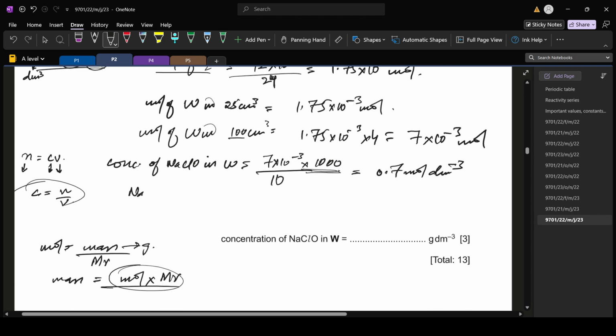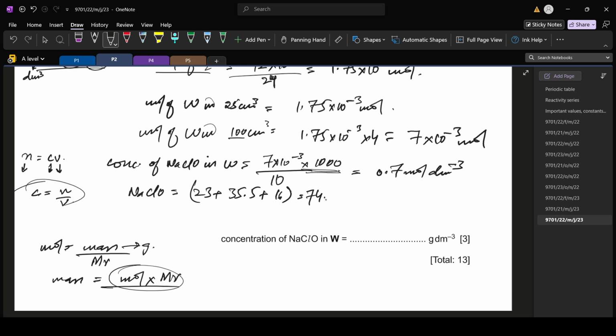The Mr of NaClO is 23 plus chlorine 35.5 plus oxygen 16, so it's actually 74.5. Okay, so this is your Mr. Now you will multiply this Mr with 0.7, so you will get the concentration in gram per dm cube.